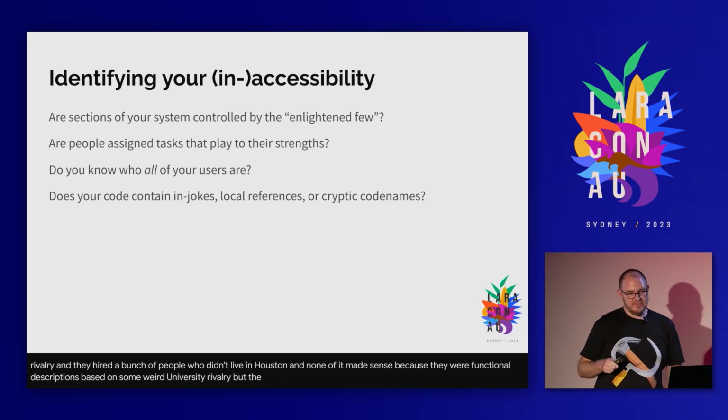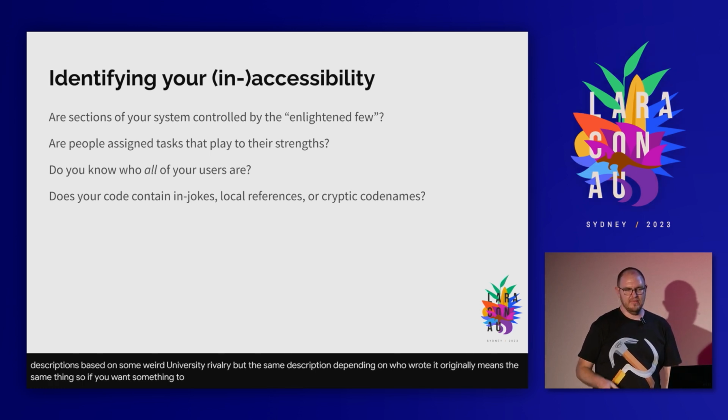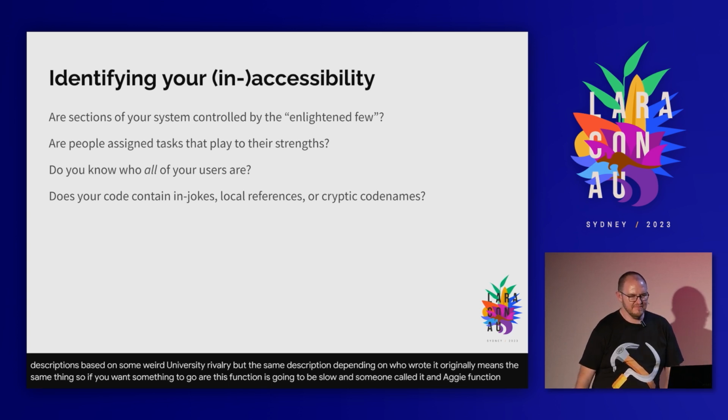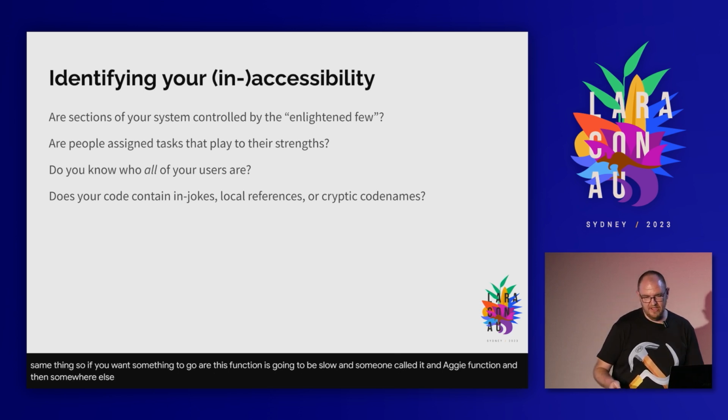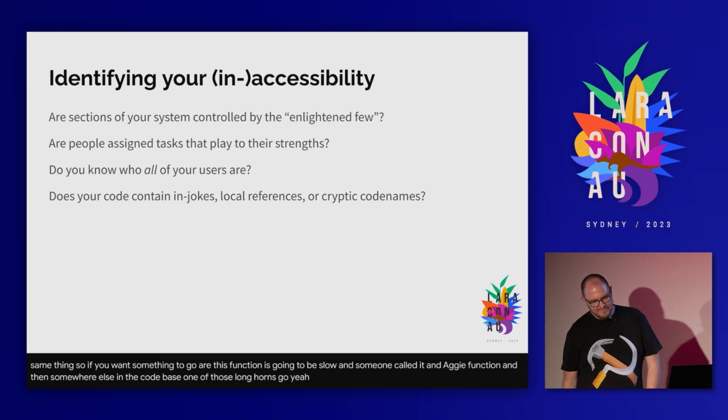But the same description, depending on who wrote it originally, means the same thing. So if you want someone to go, oh, this function's going to be slow, and someone called it an Aggie function, and then somewhere else in the code base, one of those Longhorns go, yeah.